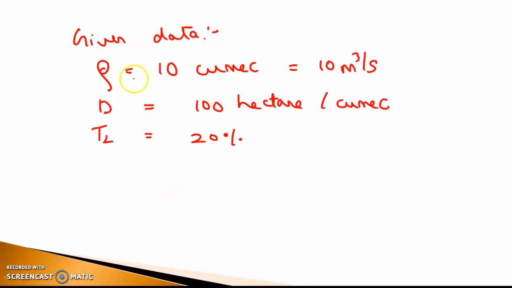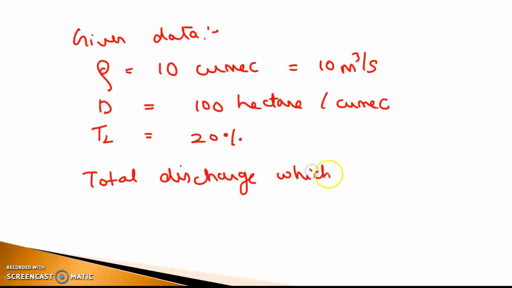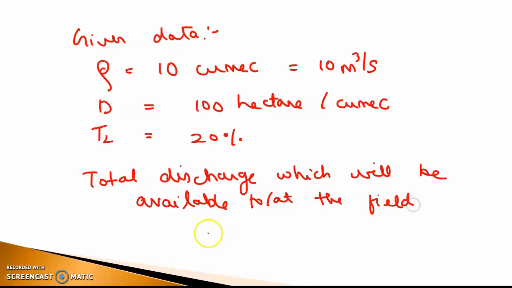So first of all, let us understand how much quantity of water will actually reach the field. Here, the total discharge which will be available at the field, let this be Q1, will be 10, that is the total discharge, minus 0.20, I'm converting this percentage into decimal, into 10.